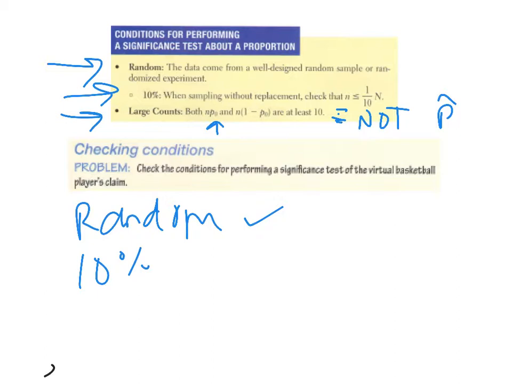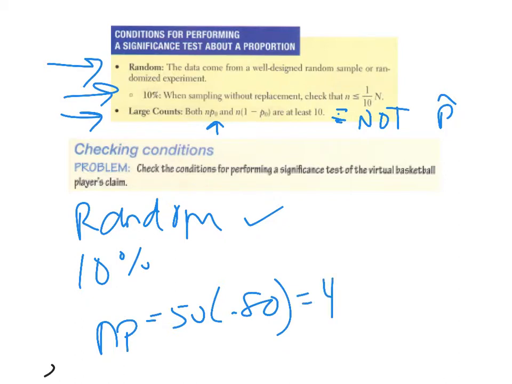Okay, and then our large counts here are going to assume that the null hypothesis is true. So for this case, our np would be 50 times 0.8, not the 0.64 that we actually got from the sample, but 0.8, which is 40.